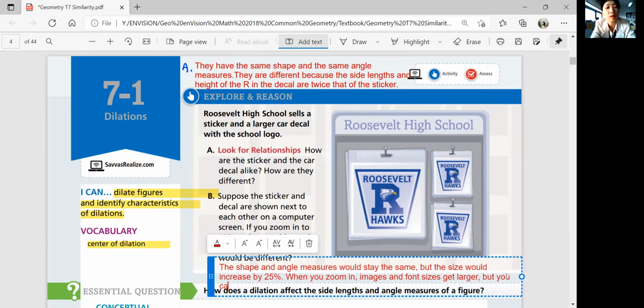But you see less because the size of the screen stays the same. There, I think that's accurate enough.